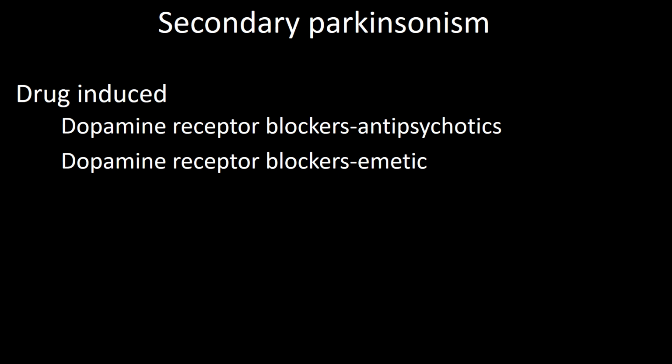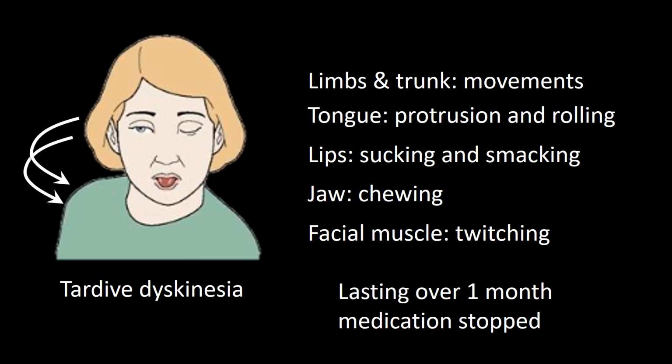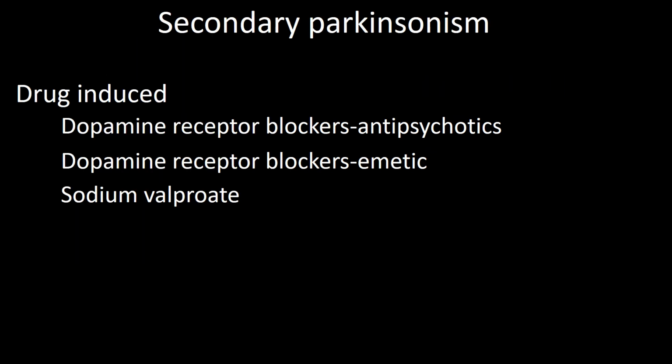The adventitious movements in tardive dyskinesia consist of smooth limb and trunk movements, usually occurring in conjunction with tongue protrusion and rolling, lip sucking and smacking, jaw chewing, facial muscle twitching. The diagnosis of tardive dyskinesia can only be made if movements last for over 1 month after medication is stopped.